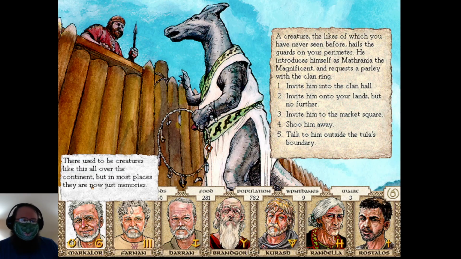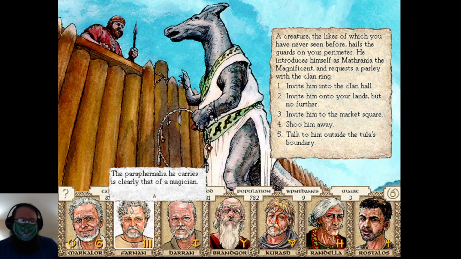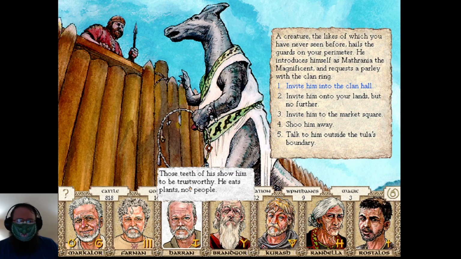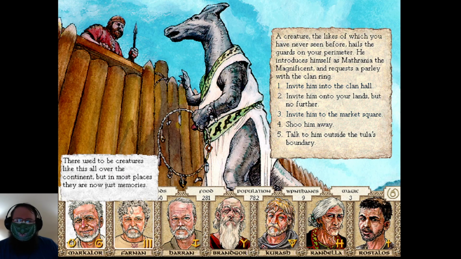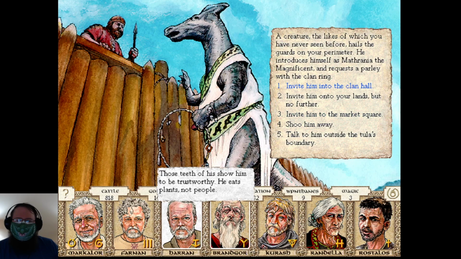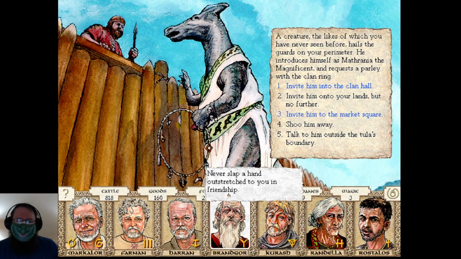There used to be creatures like this all over the continent, but in most places there are now just memories. Clearly a magician. He eats plants, not people. That doesn't mean they're trustworthy. No specific opinion. Or invite him to clan hall.